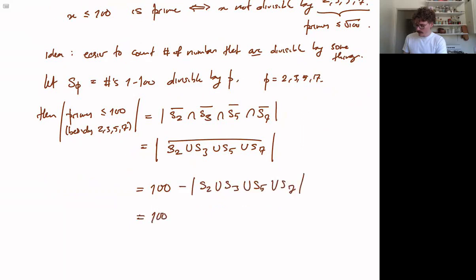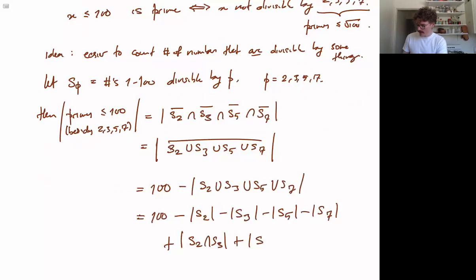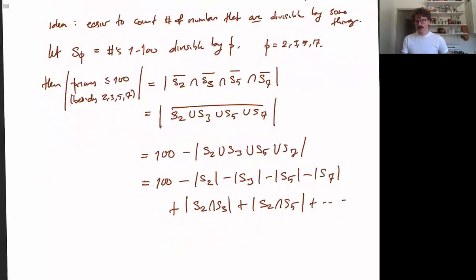So it is 100 minus the cardinality of S2 minus the cardinality of S3, again S5, again S7, plus the cardinality of S2 intersect S3, plus the cardinality of S2 intersect S5. And let me not keep writing out all of these things, but so on for all the double intersections.